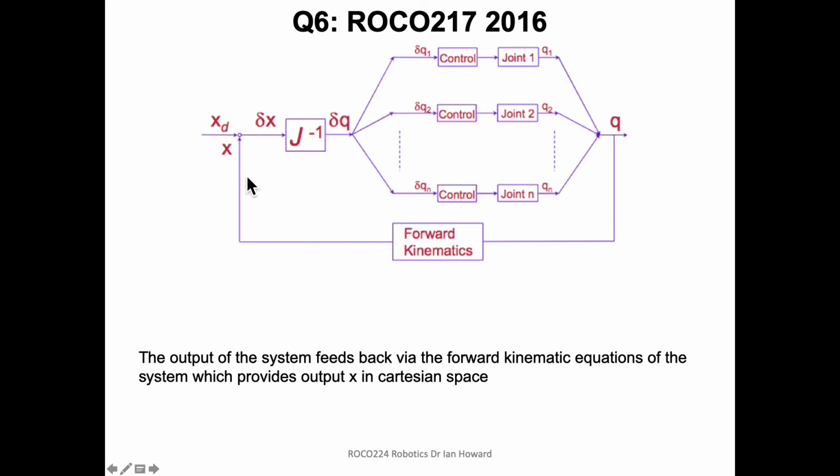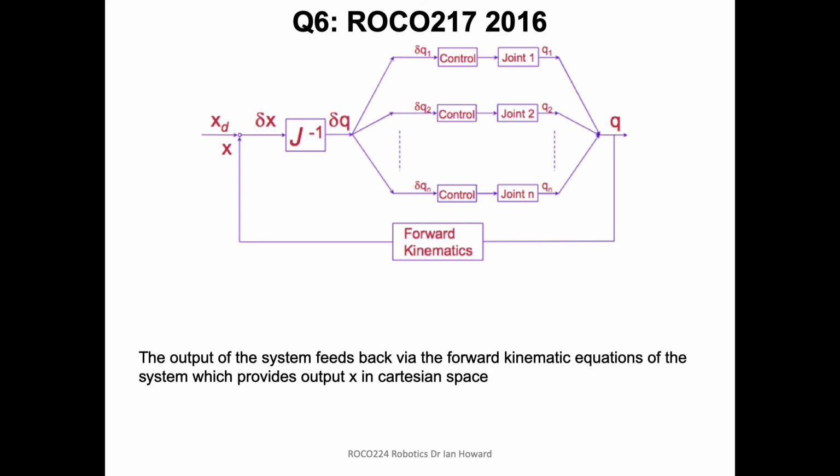change in X. Now, if the XD that we're giving it is the actual desired value of X, then if we're already at X, of course, there will be no difference between the two, so it will have reached equilibrium.